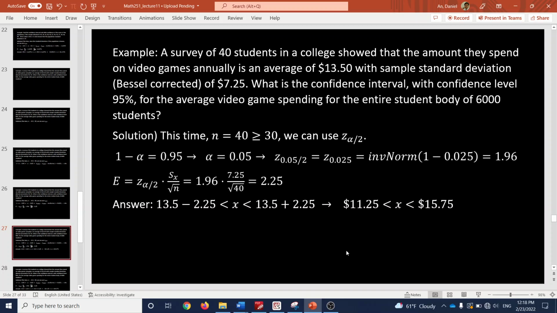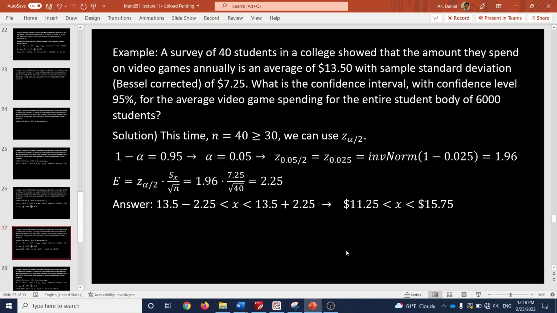So we know that the mean value is somewhere between $11.25 and $15.75.